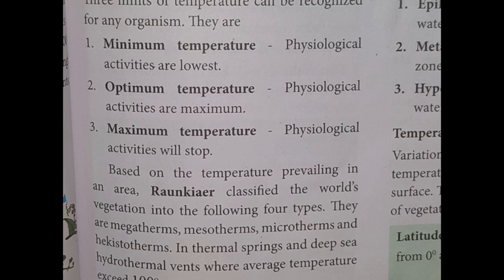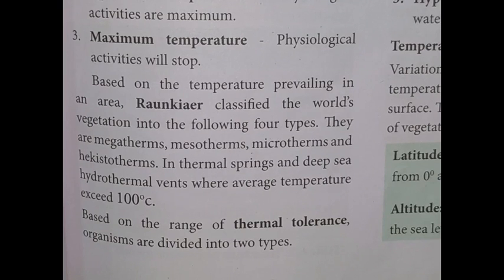Based on the temperature prevailing in an area, Raunkiaer classified the world's vegetation into the following four types. They are megatherms, mesotherms, microtherms and hekistotherms.